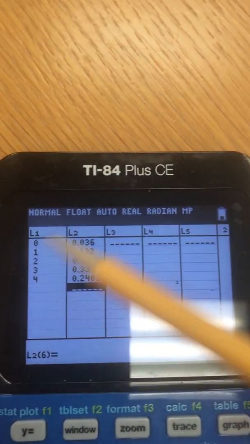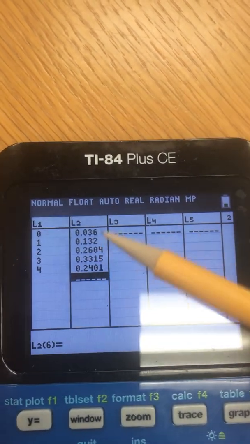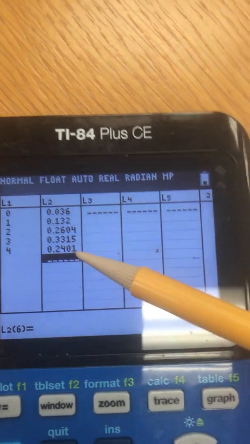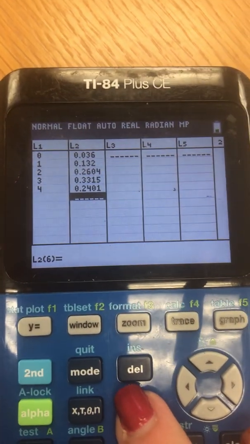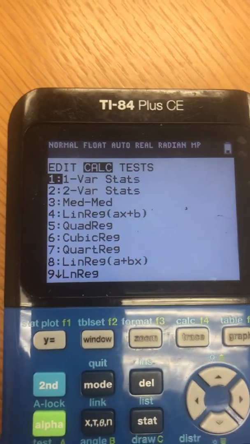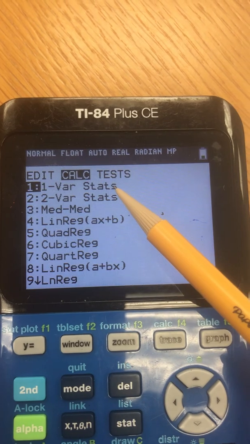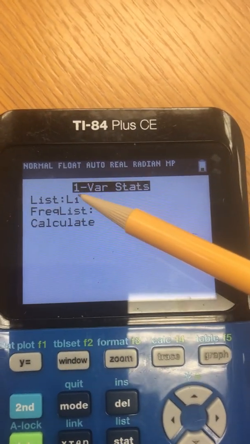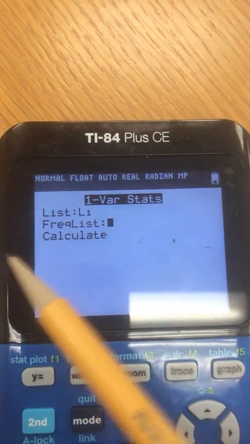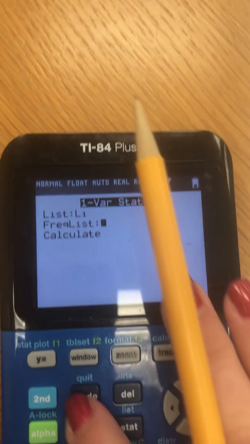Now for every one of the possible values, I have a probability, not a frequency, a relative frequency, but I'm going to use my calculator to come up with the statistics. Stat, calculate. I only have a single variable, the number of quizzes passed out of 4. Those values are in list 1, and despite the fact that it says frequency, I'm going to enter the relative frequency that was in list 2.